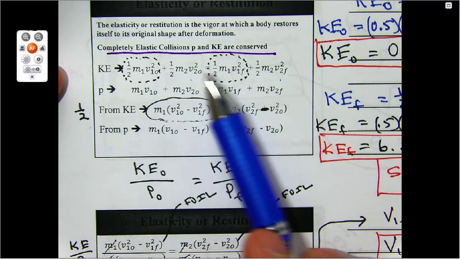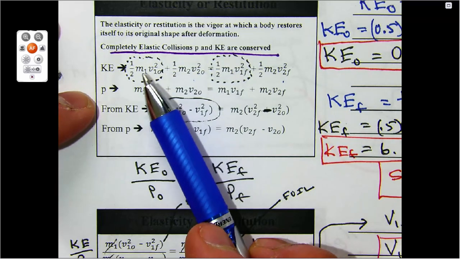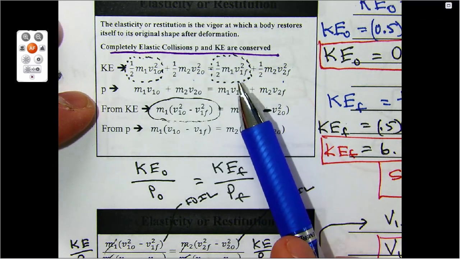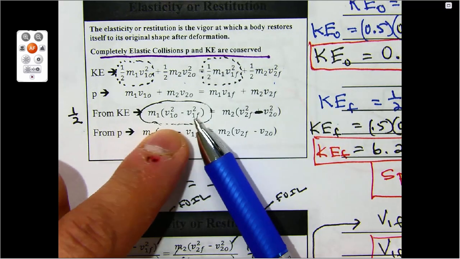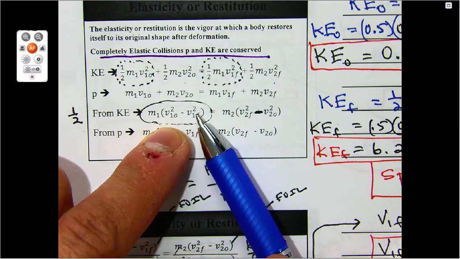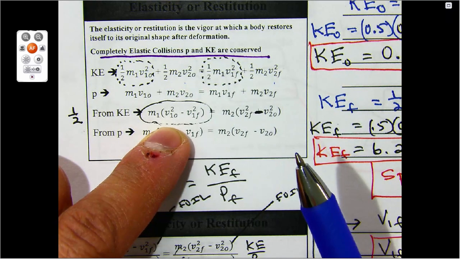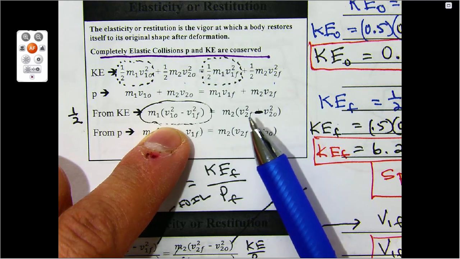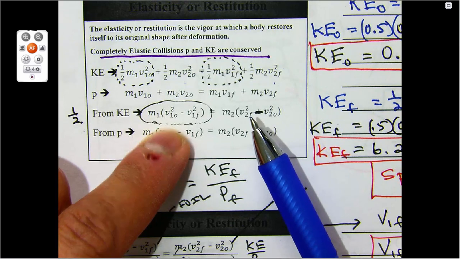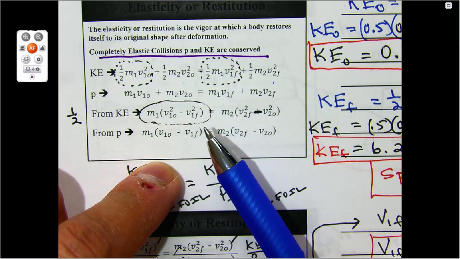We rearrange it, cross out the halves, factor out an M1, because there's an M1 here and there's an M1 here. So then you'd end up with V1 initial squared minus V1 final squared. Right, you got to throw it over the other side and subtract it. You could also do the same thing with the finals, or with the twos. And then from momentum, we would have this.